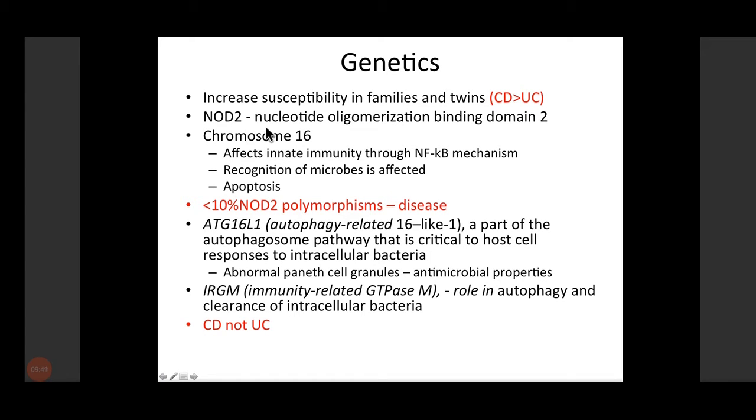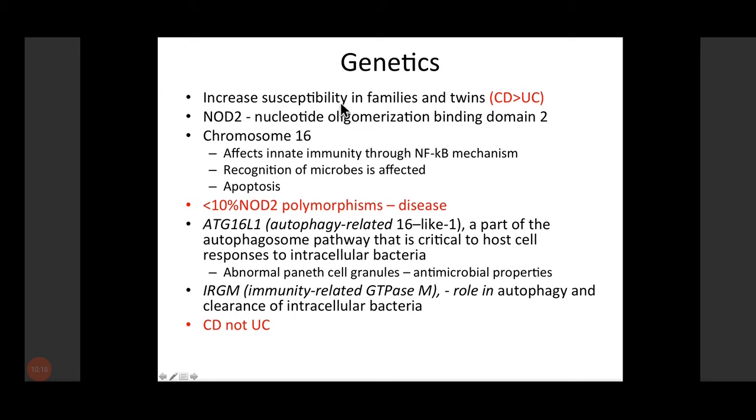Now, it has been found that a particular region that is called NOD2, which is the nucleotide oligomerization binding domain 2, this particular region is especially associated with the presence of Crohn's disease especially more than ulcerative colitis, and it has been found that mutations in this region make the person more susceptible to the effects of both epithelial dysfunction and the intestinal microbiota.